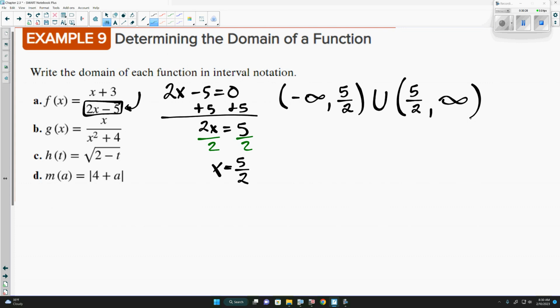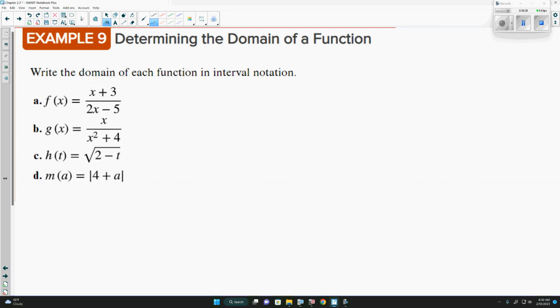Next one's kind of nice. Because for the next one, x squared plus 4 cannot be 0, yes? So we can set it equal to 0 and solve. So we would subtract 4, telling us that x squared is equal to negative 4, yes?